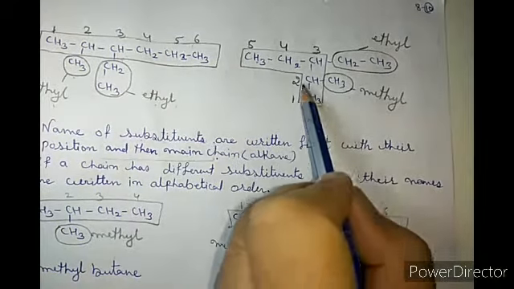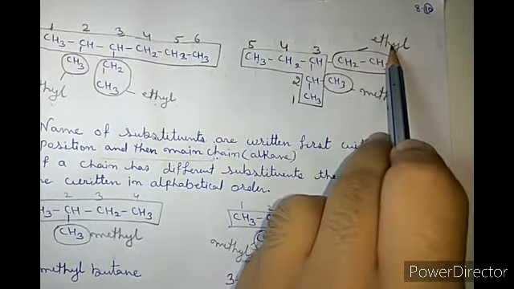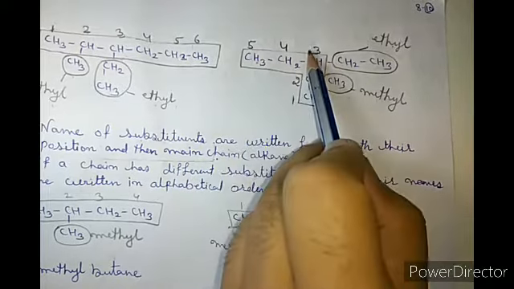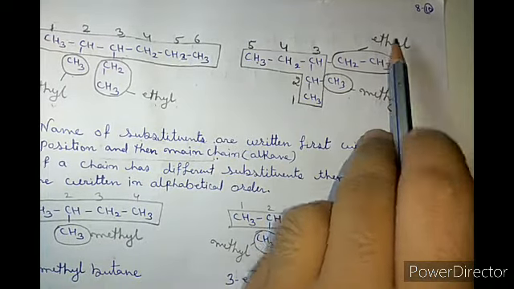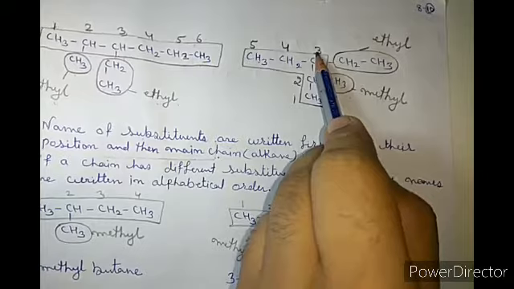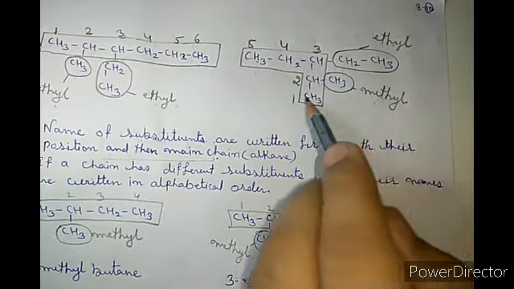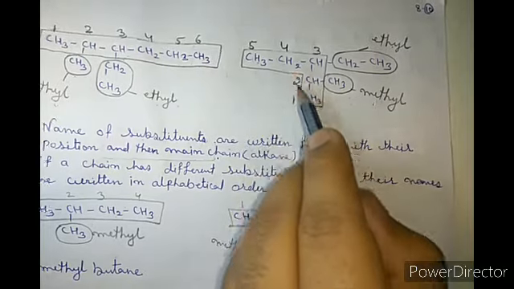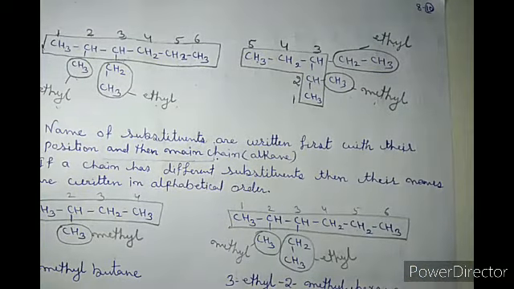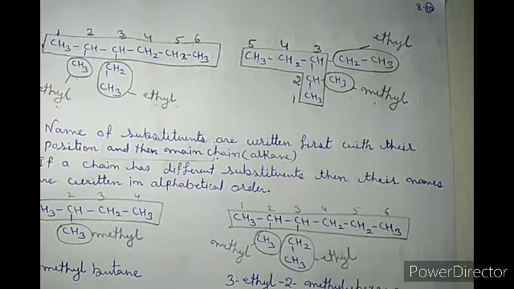If I start this one, then it is getting 3. If I start this one, then it is also getting 3. But if I start this, then methyl also gets minimum number. So the numbering will start from that side. Got it? Clear?